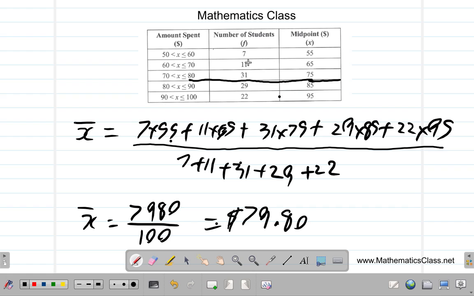If you have 7, then 11, then 31, that means below 84 you have about 7 plus 11 plus 31. 31 and 11 is 42, and 7 will give you 49.